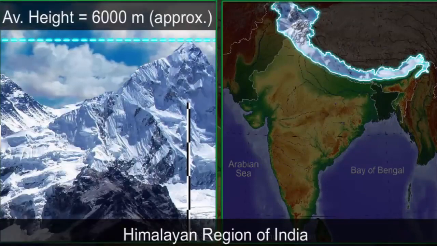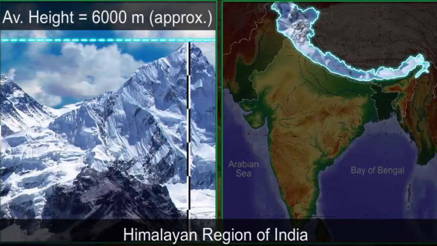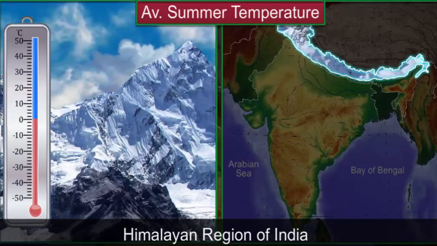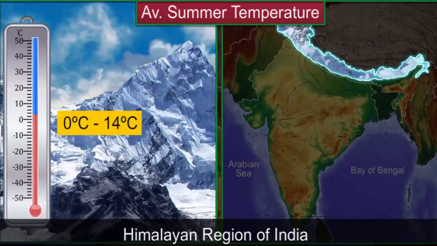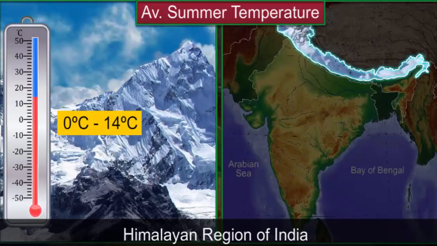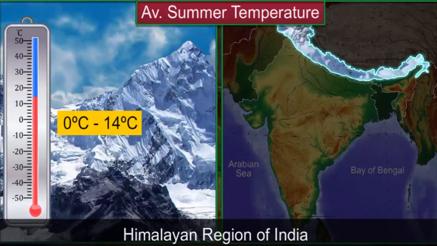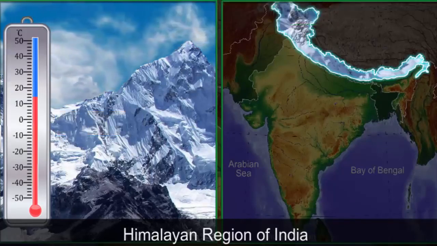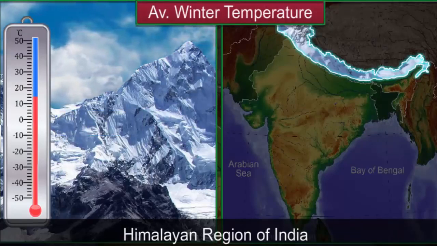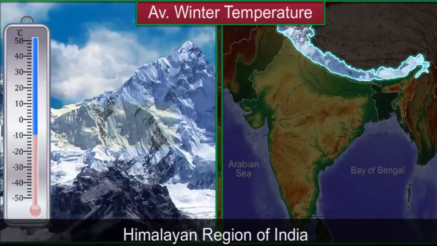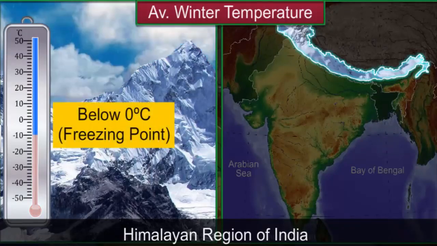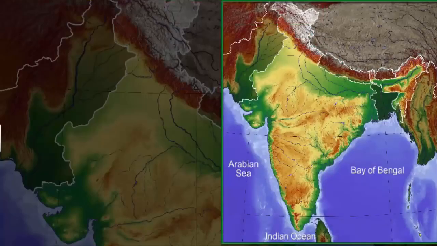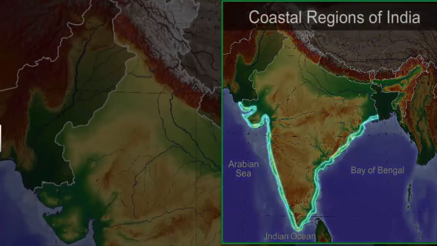The average summer temperature on the Himalayas can vary from 0 degrees Celsius to 14 degrees Celsius, while winters can see the temperature dipping below freezing point with heavy snowfall. India also has a vast coastal area where the maximum elevation is about 30 meters.